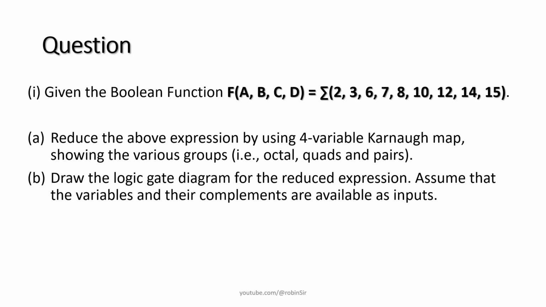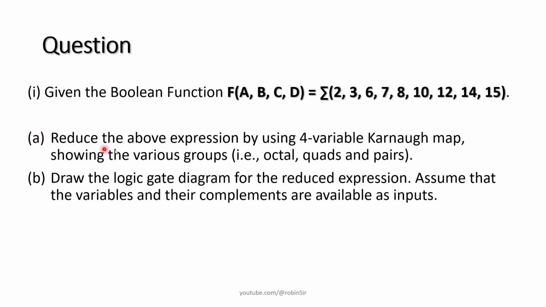In the first part of the question, we are given a Boolean function f of 4 variables, A, B, C, and D, and the min terms of this Boolean function are given to us. When we look at this summation sign, we realize that these are the min terms.